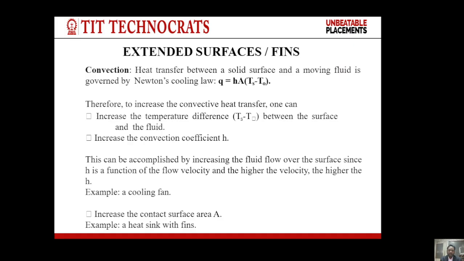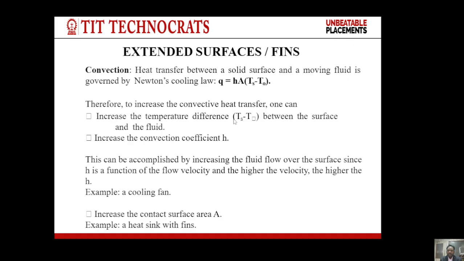And then if we have to increase the heat transfer rate, what are the conditions which will be responsible for the increase in heat transfer rate? The first one is h, the second one is A, and the third one is the temperature difference between the solid surface and the flowing fluid.